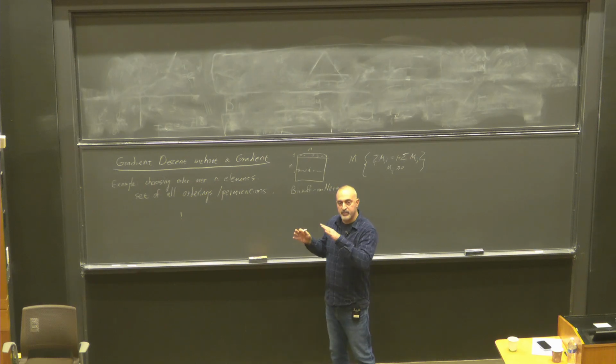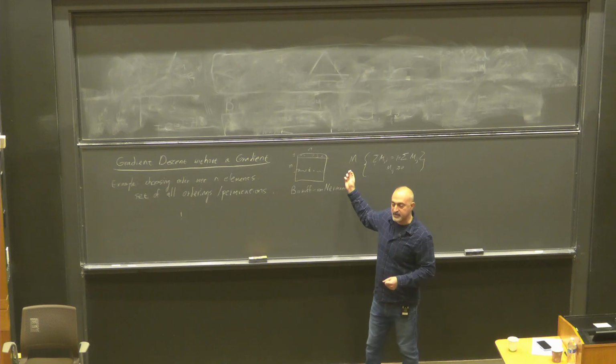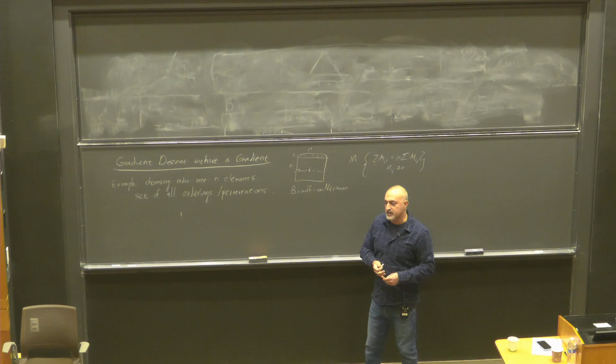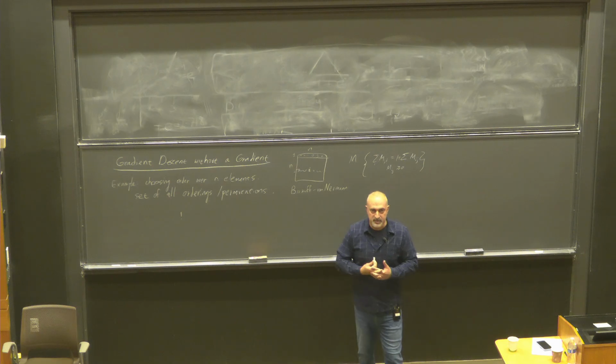So every member of this set, in the interior, can be decomposed into at most poly n permutations. I believe n, actually, exactly n. So this is similar to what I talked about with paths in the graph. I'm just giving you another example of the power of convex optimization.